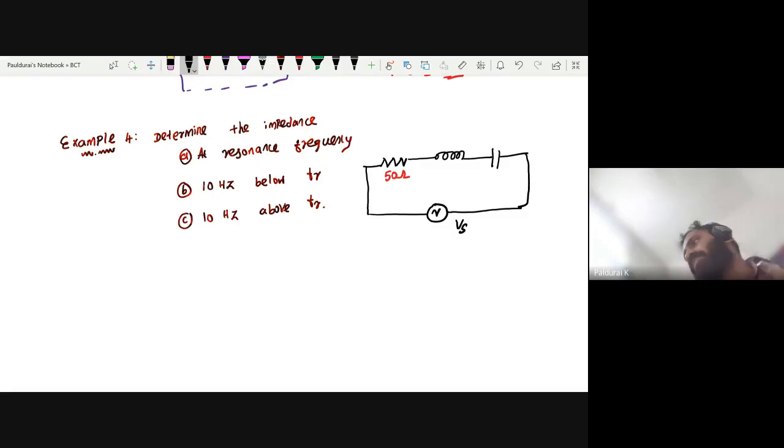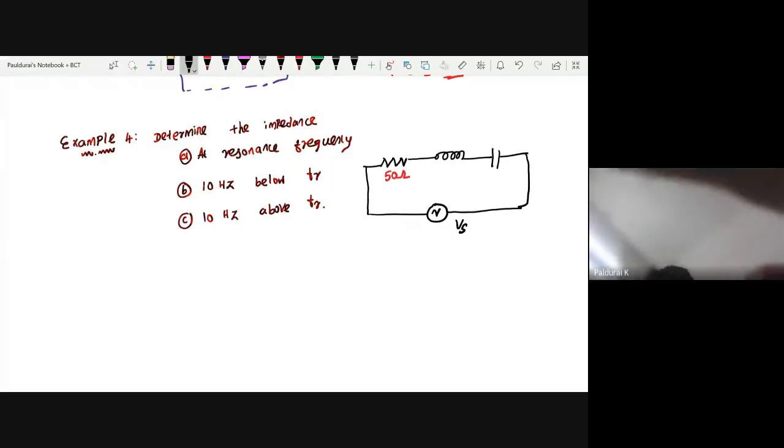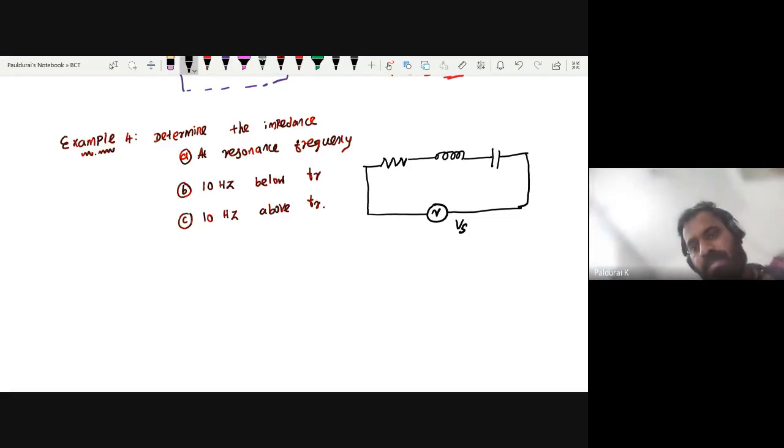Let me take my material. Give me 1 minute, I forgot the L and C values. It is 10 ohm, this is 0.1 Henry, this is 10 micro. Now proceed.